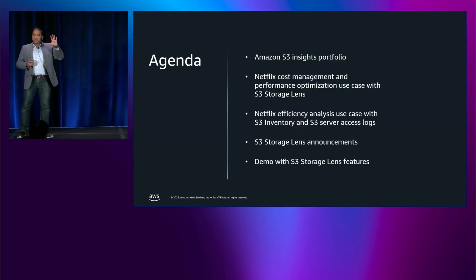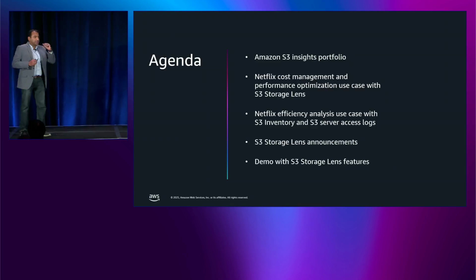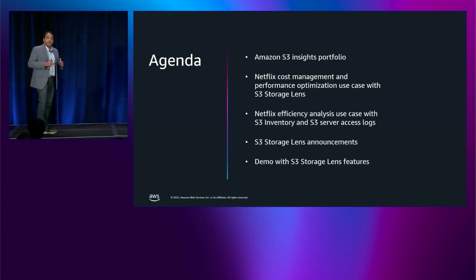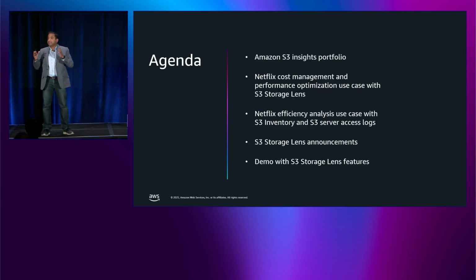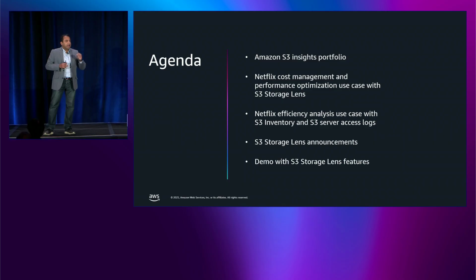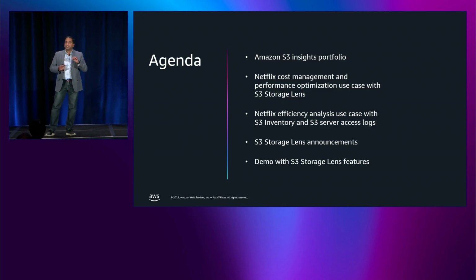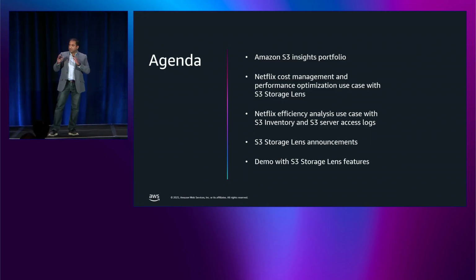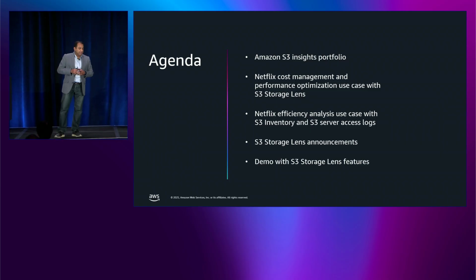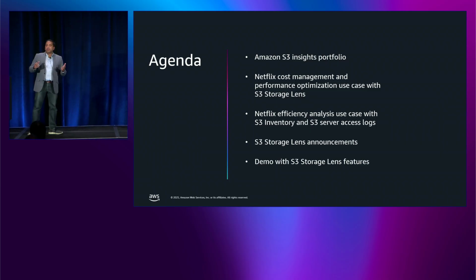We have broken the session into 5 parts. I'll start with a quick overview on the Amazon S3 Insights portfolio and double-click specifically on S3 storage lens, which is the focus of our session today. Then I'll invite Austin and Bea to walk you through some of the Netflix use cases, how they leverage the S3 Insights services to optimize their storage deployments.